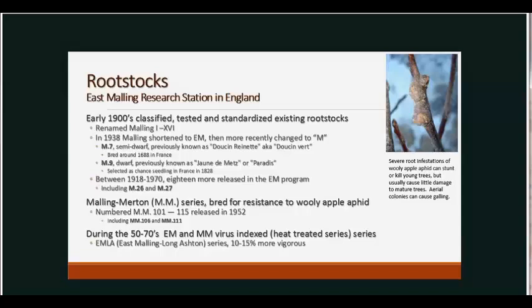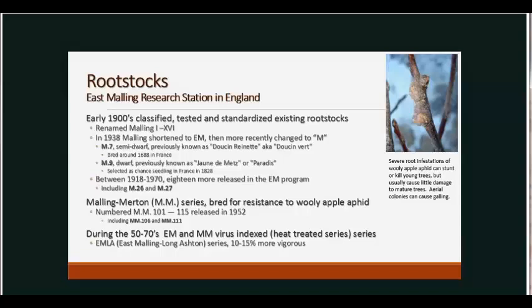And this breeding program was for woolly apple aphid resistance. And they released, I believe, 15 of those in the early 50s. And today we still have 106 and 111. And so far out of that program, the M7, historically we know that came from France and was bred around 1688. So literally it's been around for hundreds of years.